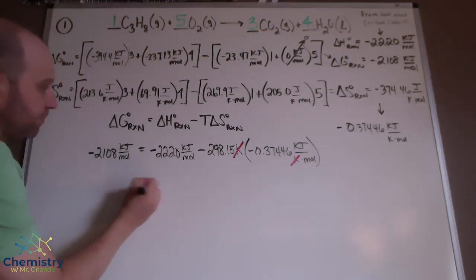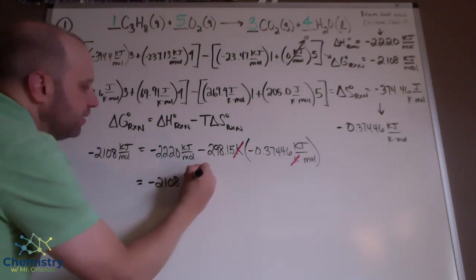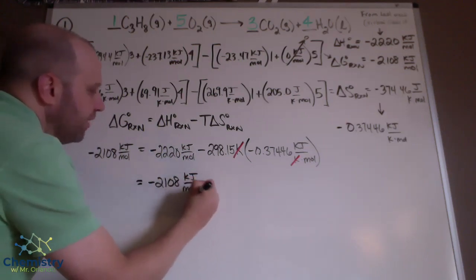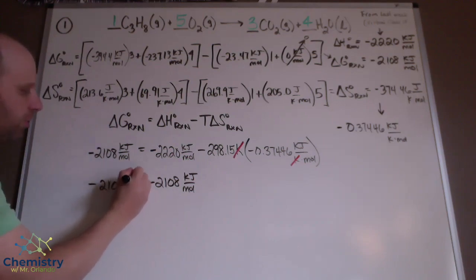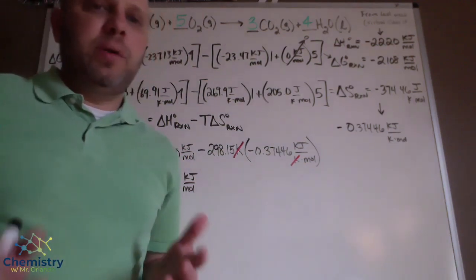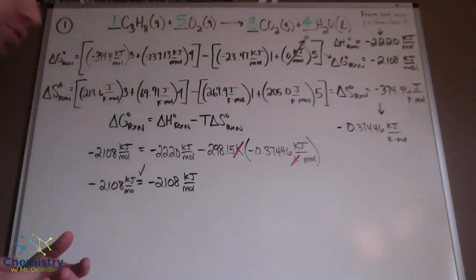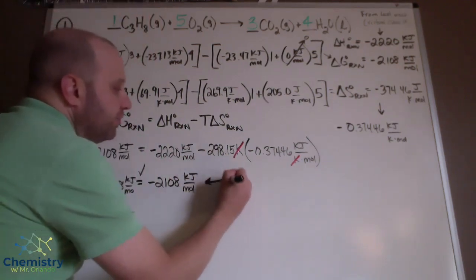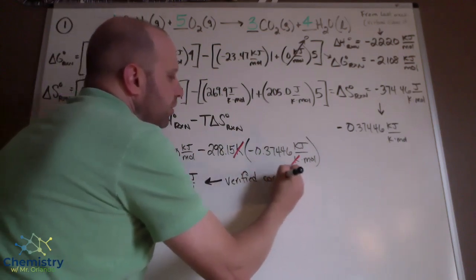So when we type that into the calculator, we wind up getting our very same delta G value, which is good, because that means we did everything correctly. So what I did, and you'll see this when you look at the answer key, is next to it, when it does work out the way it's supposed to be, I just write a note here that says verified correct answer.